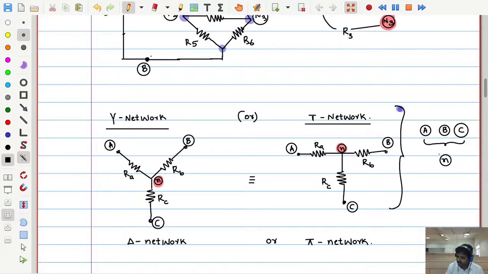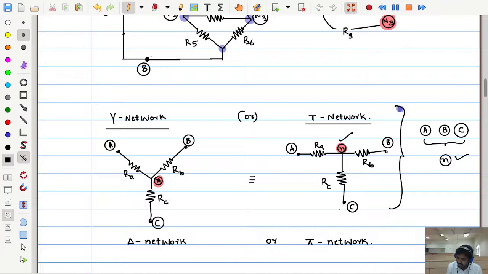So totally 4 nodes are there, in which this small n node is common for the three elements. What are they? RA, RB, RC. For these three elements, what is the common node? Small n. And the other ends of the elements: RA is connected at A, RB is connected at B, RC is connected at C.